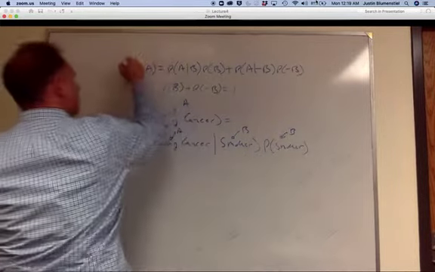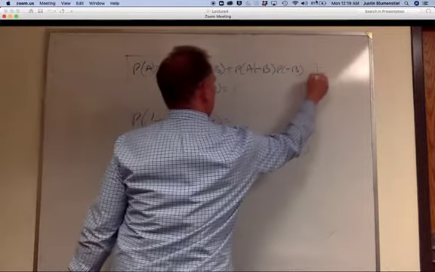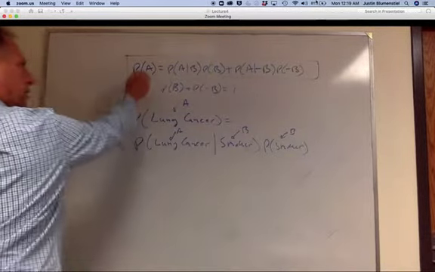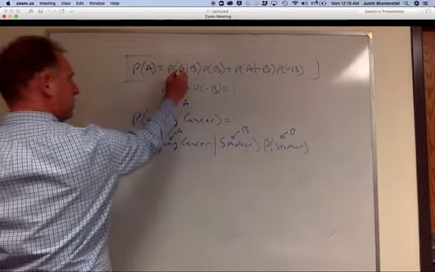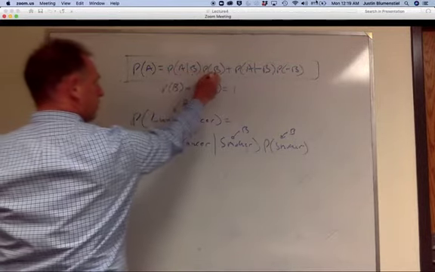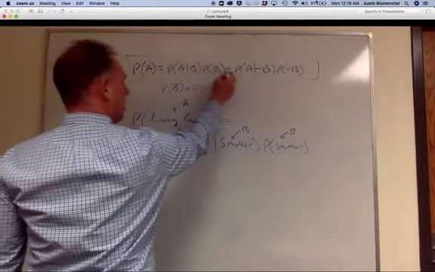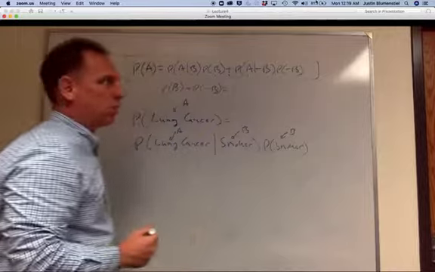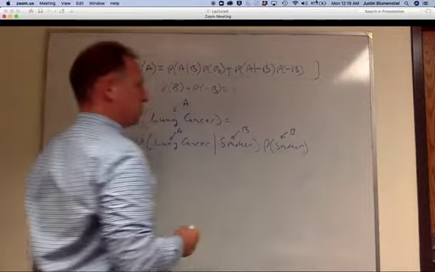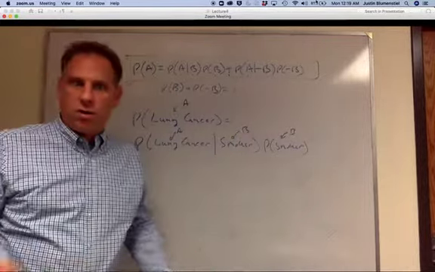If you look up here, the probability that you get lung cancer is equal to the probability that you get lung cancer given that you're a smoker, times the probability that you're a smoker, plus the probability that you get lung cancer given that you're not a smoker, times the probability that you're not a smoker. What does it mean, the probability that you're a smoker or not a smoker?